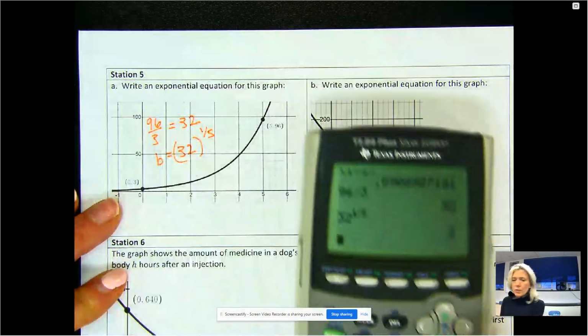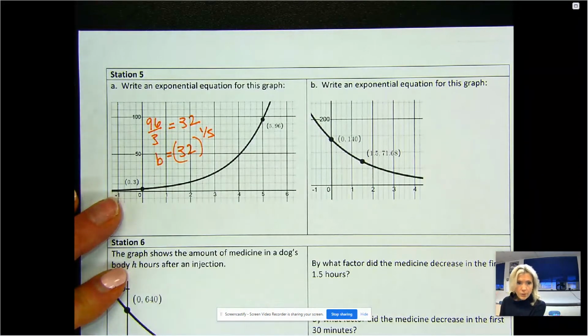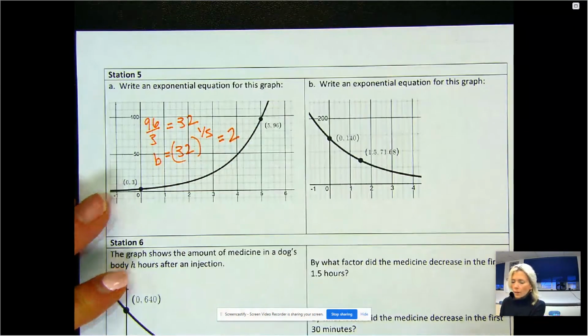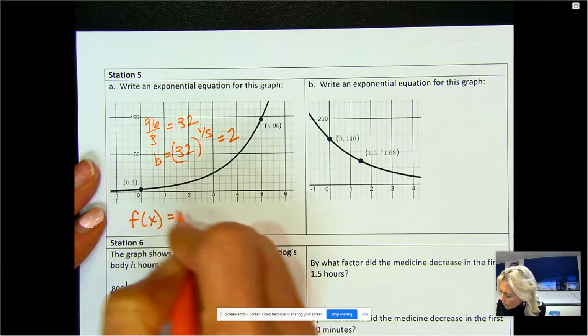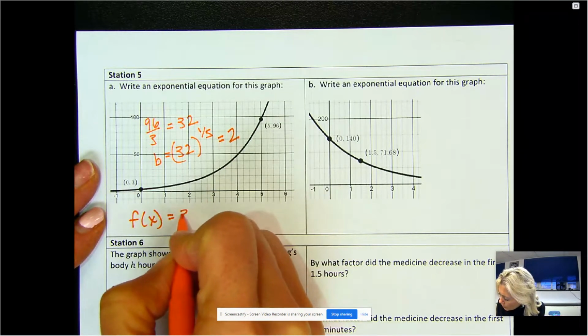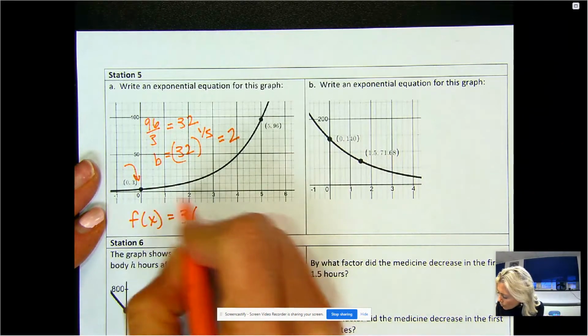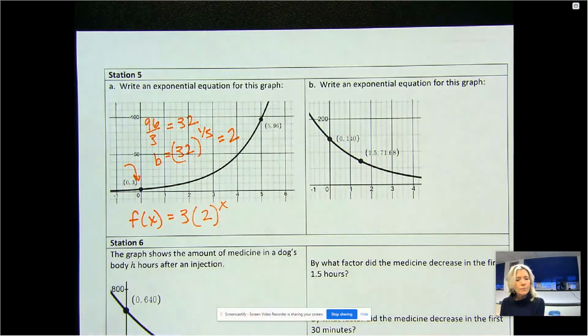See that? 32 to the 1/5 is equal to 2, because 2 to the 5th is 32. So this is just doubling, okay? So for our function f of x, the starting amount is 3. I know that because that's the y-intercept. The growth factor in one interval is 2 to the x.